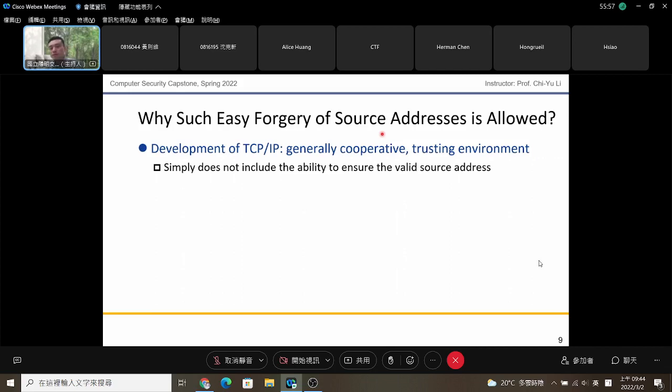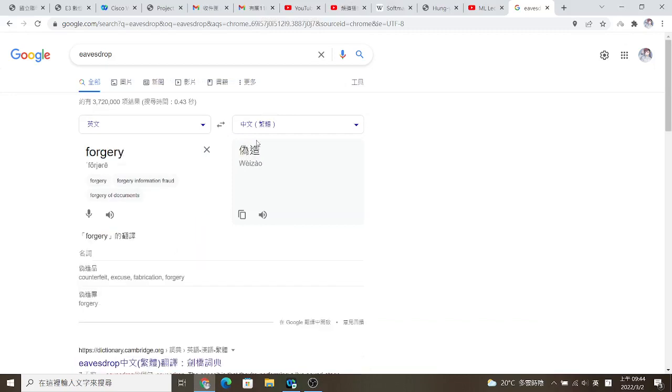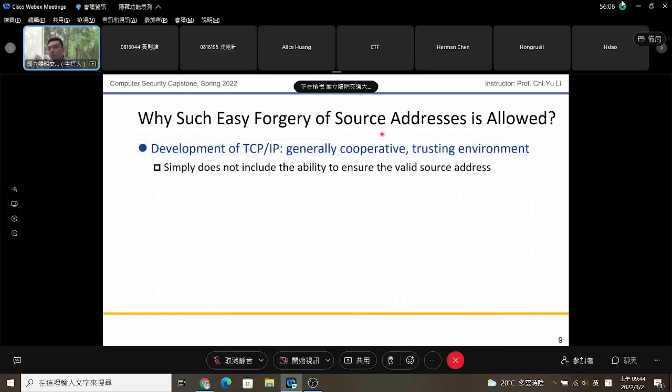Initially, when TCP/IP was developed, the designers did not think about security. They did not design the protocol in a secure way, because at that time we just wanted to make the internet work successfully. The designers never thought that TCP/IP would become so popular nowadays.